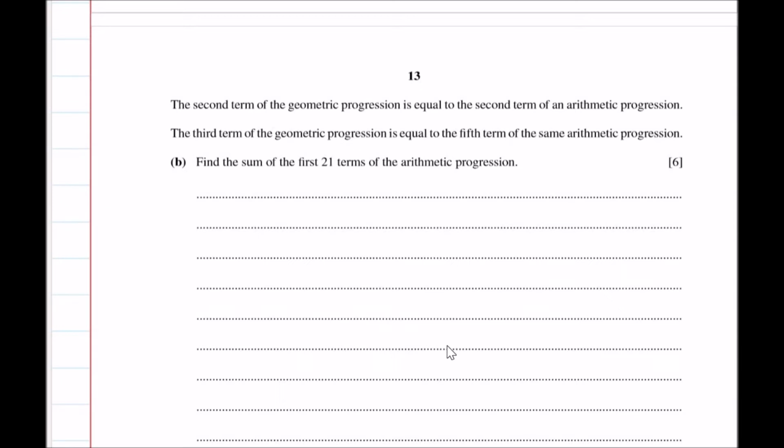Okay. So for the GP first, the second term T2 is AR, which is equal to 216 into 2 by 3.